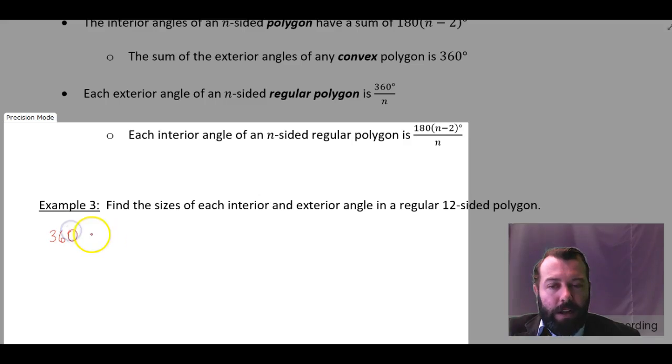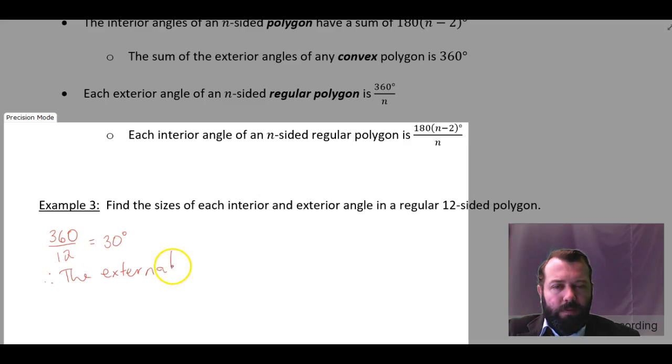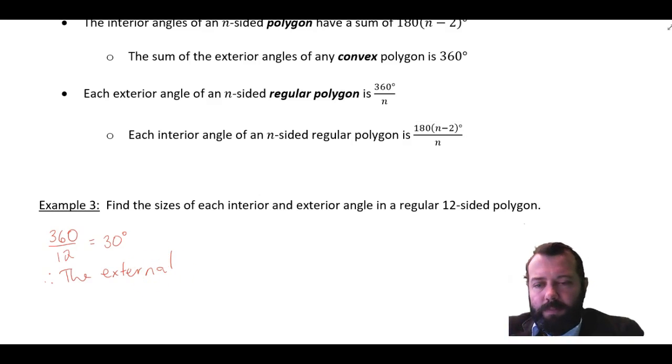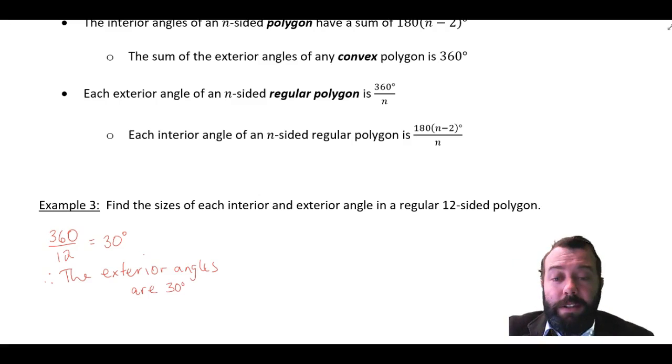I think if I just say 360 over 12 equals 360 divided by 12, is it 30 degrees? I think it must be. Therefore, the exterior angles are 30 degrees.